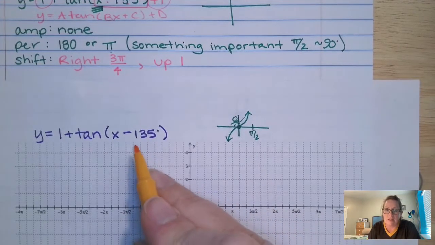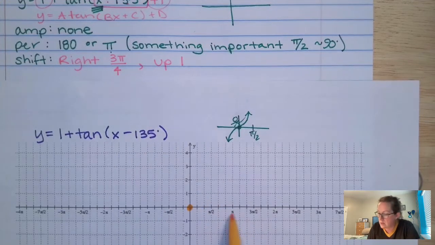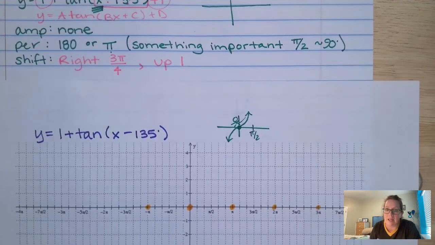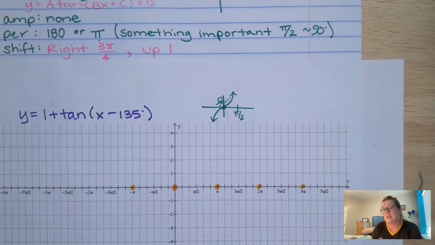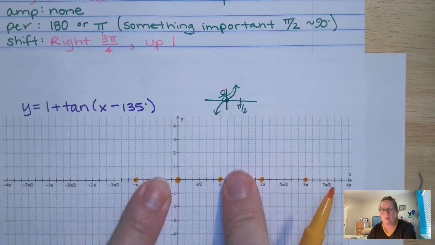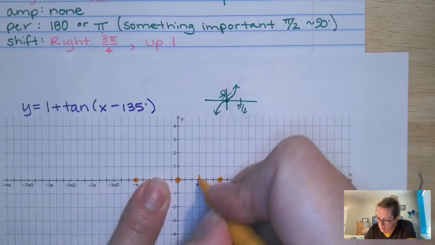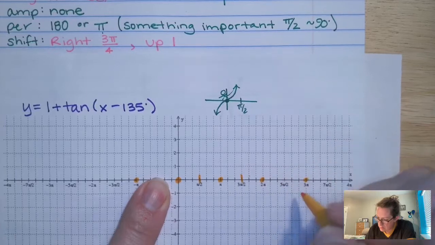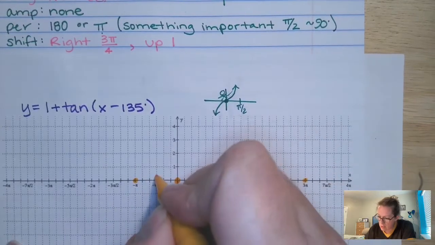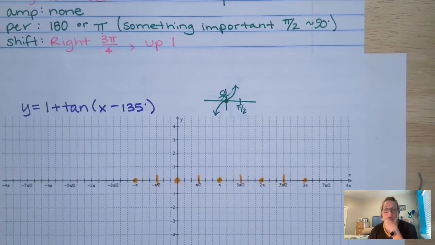Our period is just pi, so we're going to have another 0 at pi, another 0 at pi, another 0 at pi. Okay, and then halfway between the first set of zeros is going to be an asymptote. Asymptote, asymptote, and I just draw a line for the asymptotes.